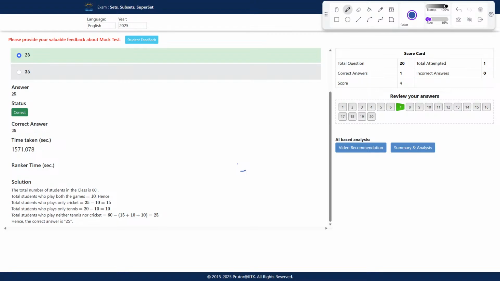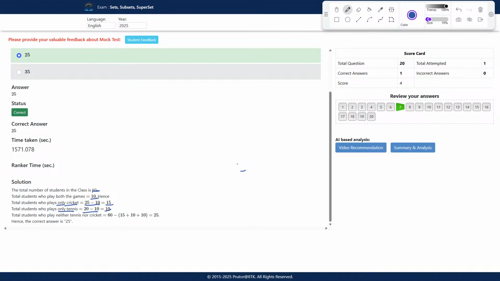The total number of students who play both games is 10. The students who play only cricket are 25 minus 10. Since we are using the word only here, only cricket means 25 minus 10, so in total we have 15 such students who play only cricket, and students who play only tennis are 20 minus 10, meaning 10.